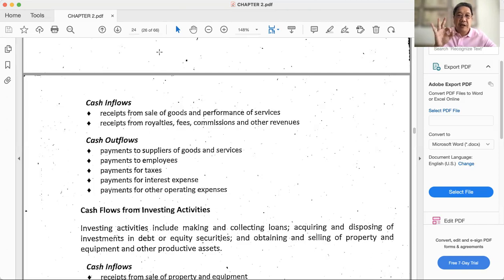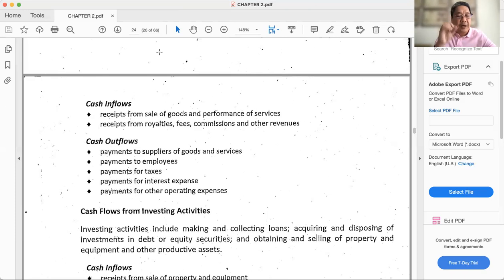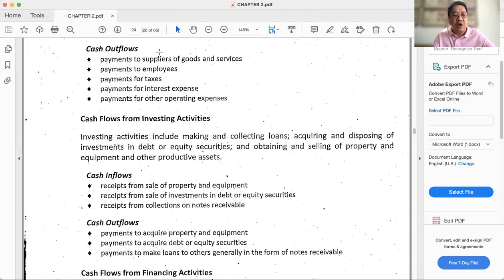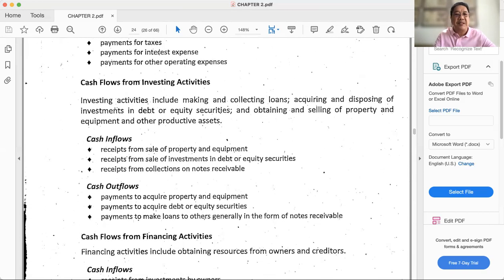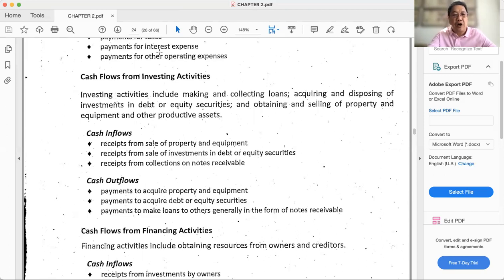Now, there are three components sa cash flow. Yun ang mga operating activities, investing activities, and financing activities. Ano naman yung nakikita o inilalagay sa investing activities? O meron kang property na hindi ginagamit, ibinenta mo, cash inflow yun.